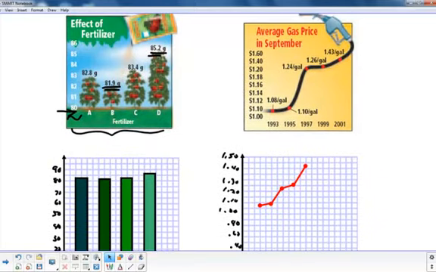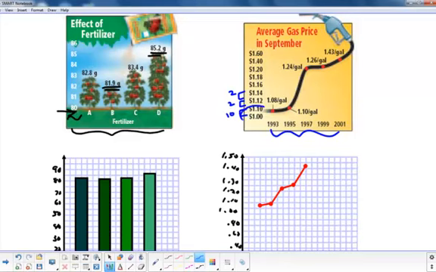We've got our average gas prices. It looks like we've got 93, 95, 97, 99, 2001. So we've got good increments here. But this is a difference of 10, and then it's increasing by 2s. So that right there is a misleading piece. So if you look at that without the jump from 10, it looks more like this.